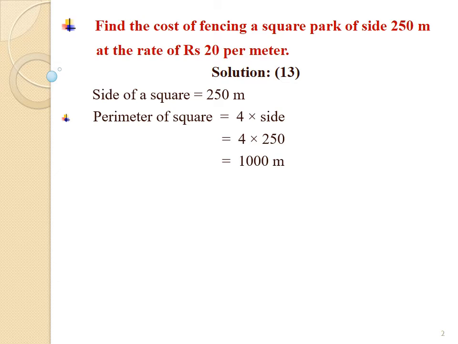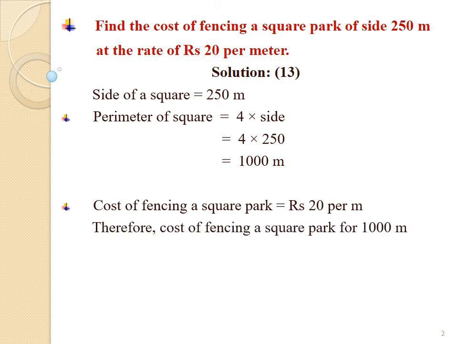Cost of fencing for 1 meter equals rupees 20. Therefore, cost of fencing for 1000 meters equals how much? Thus, by cross multiplying, we get 1000 multiplied by 20.